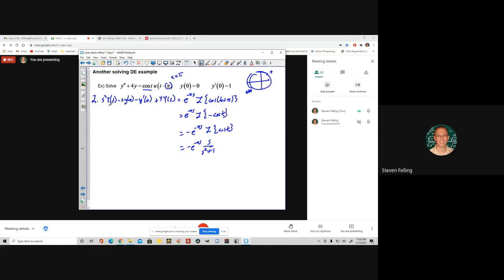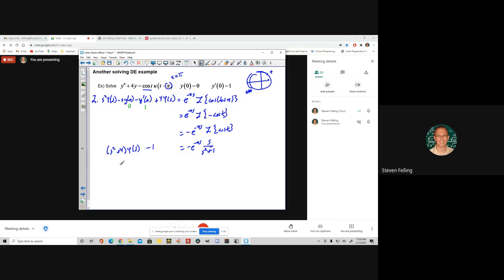Let me go ahead and factor out the Y term. So we have (s squared plus 4) Y(s). And then let's see, if we plug things in here, the y(0) is 0 and the y prime(0) is 1. So it looks like we do have no s term here, but we have a minus 1. So I'm going to have to move that to the other side as well.